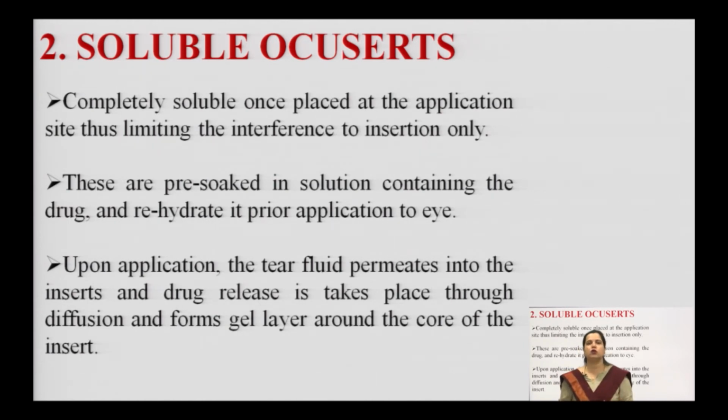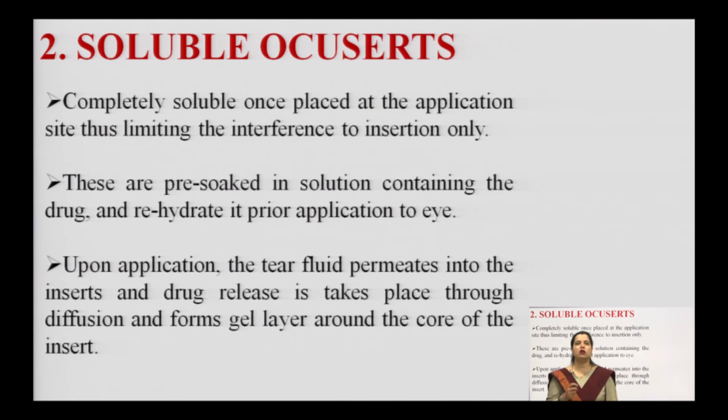These are pre-soaked in solution containing the drug. The pre-soaked Ocuserts are placed to the eye region and rehydrated prior to application to the eye. So, these are the basic conditions to follow while applying soluble Ocuserts.